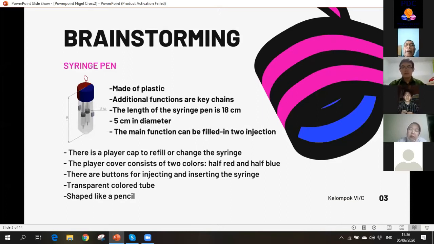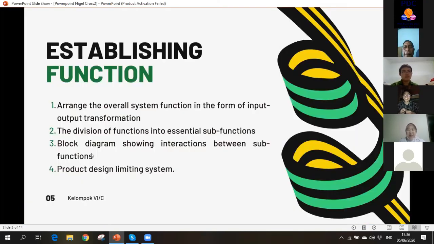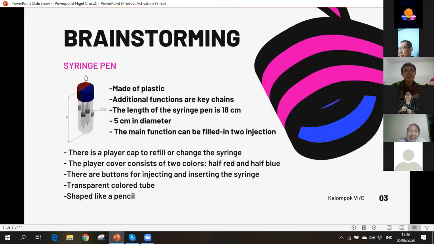Our syringe pen is developed just like, if you remember in your childhood, you had a pen that is able to be pushed and has a lot of colors. It will come out due to what button you push.